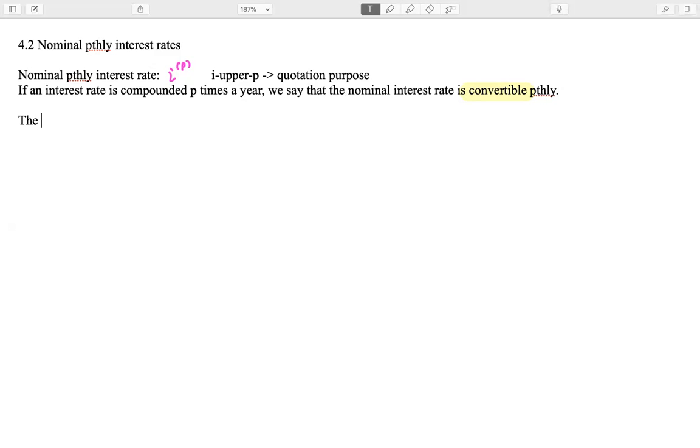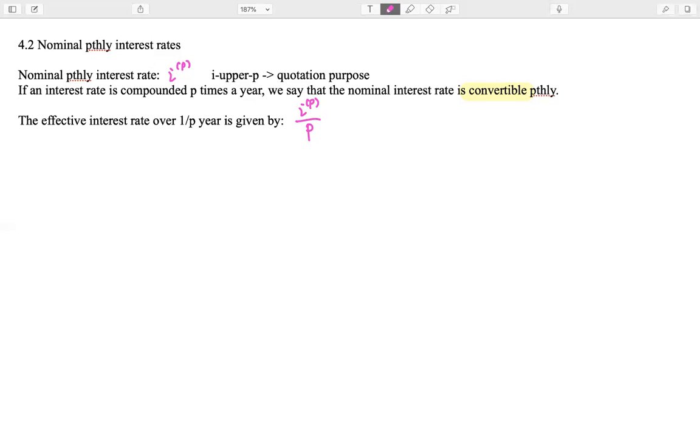So the effective interest rate over 1 over P year, here our unit is year, is given by I upper P divided by P. That is a very, very important result.